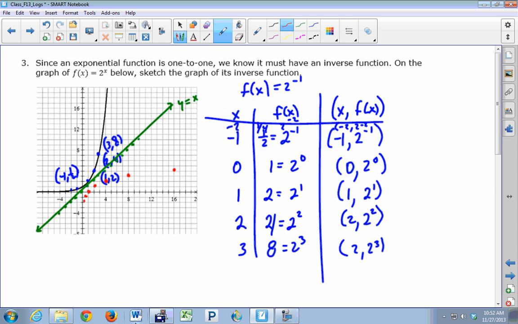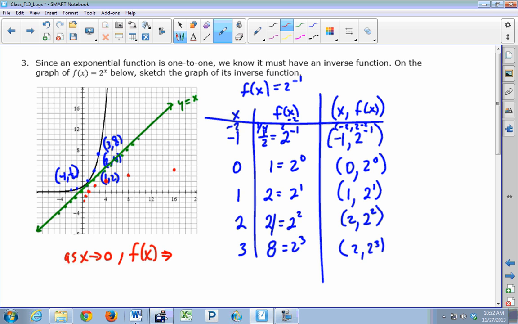Okay, so with my exponential function, as x went out to negative infinity, this graph got closer and closer to the x-axis. And now with my inverse function, as x approaches 0, what does the value of my function approach? What's it getting closer and closer to? 1/2, 1/4, 1/8, 1/16, 1/32.